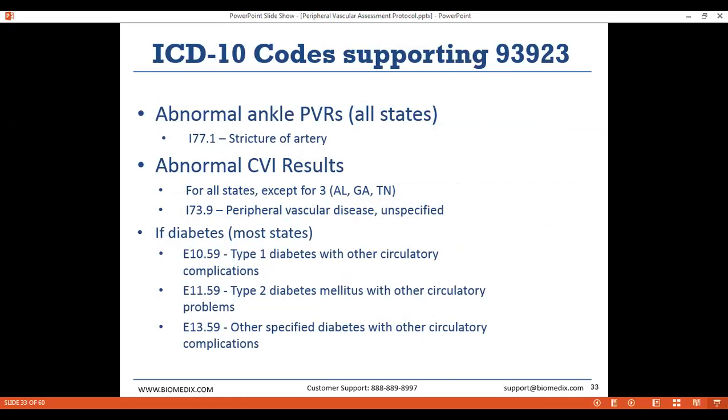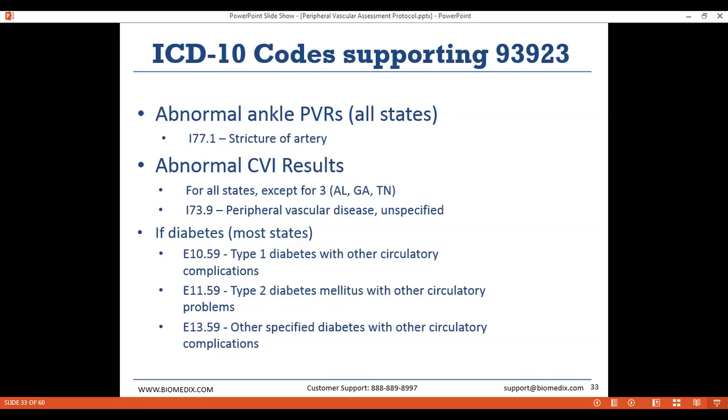If your results are abnormal in the CVI study, the best result is I73.9, which is PVD, or peripheral vascular disease unspecified. And that is an indication in all but 3 states. That's Alabama, Georgia, and Tennessee, who use their own LCD.